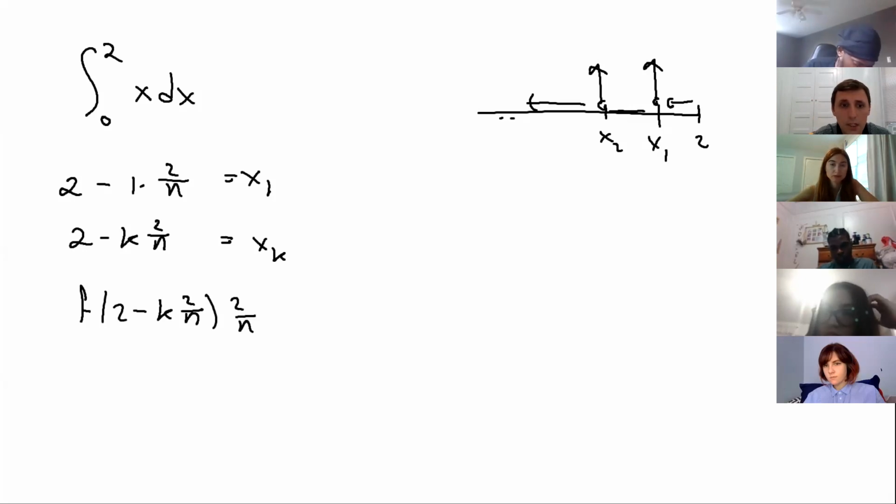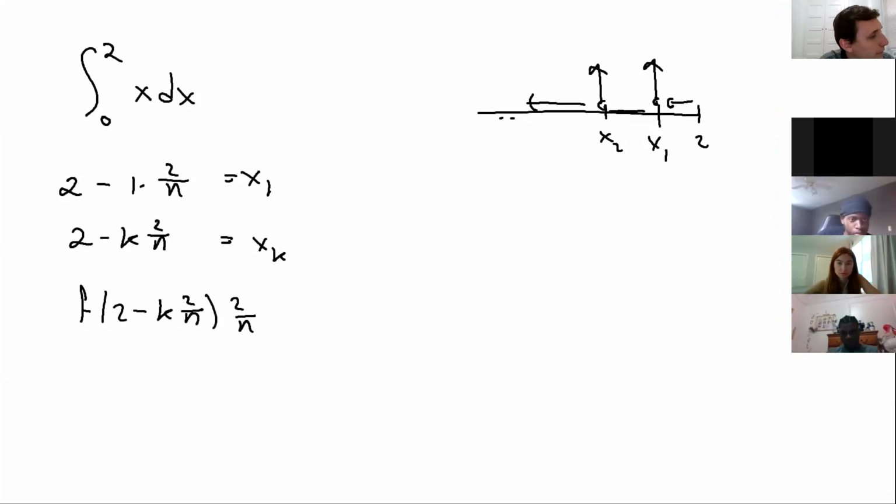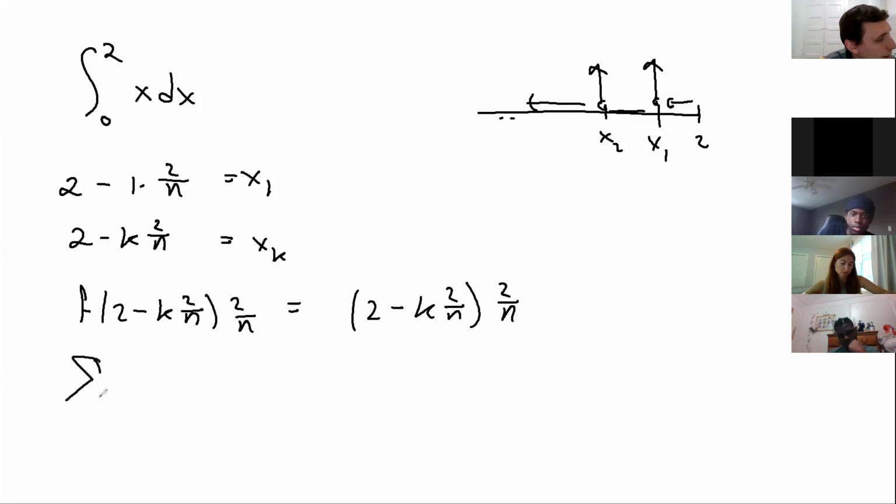Beautiful. And so the function is not doing anything. You see, it's leaving the x as is. f of x equal to x means don't touch the input. So what we have now is 2 minus k times 2 over n, times 2 over n. And so now I add this whole thing up.